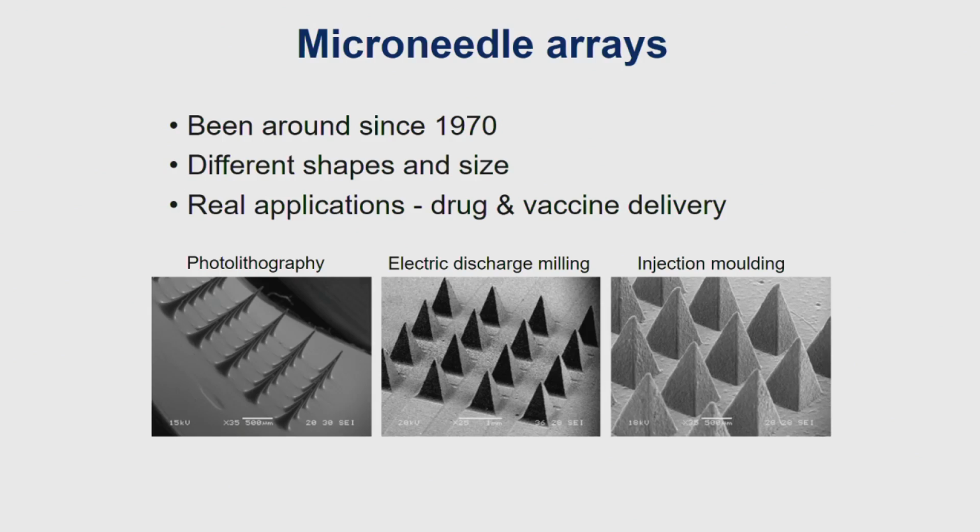They were mainly used because the skin has the stratum corneum layer, which acts as a fantastic barrier. It's what gives the skin the property of being waterproof, and it also acts as a barrier for any foreign substances going through the skin.